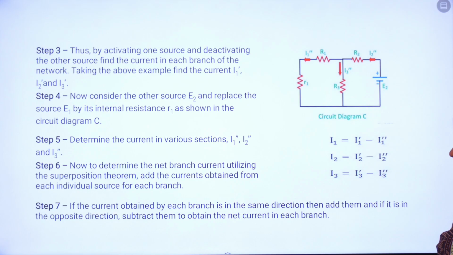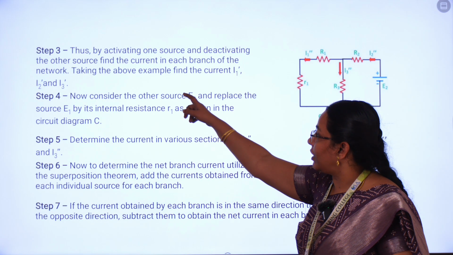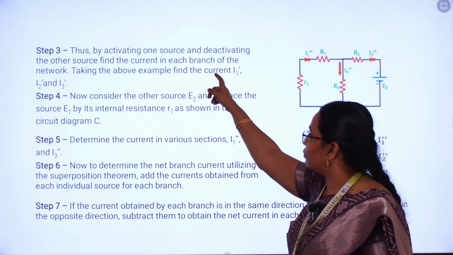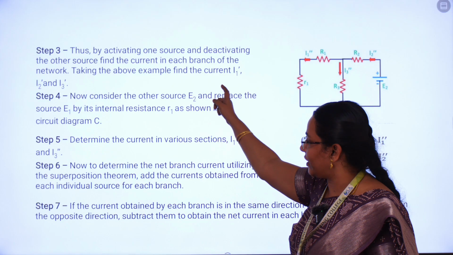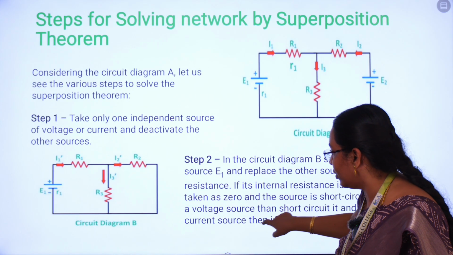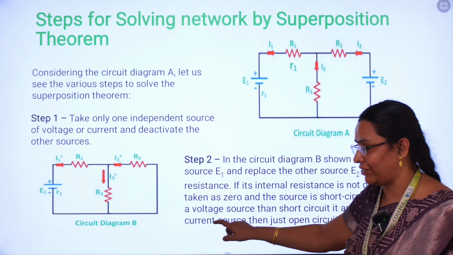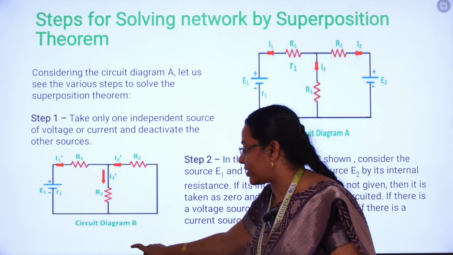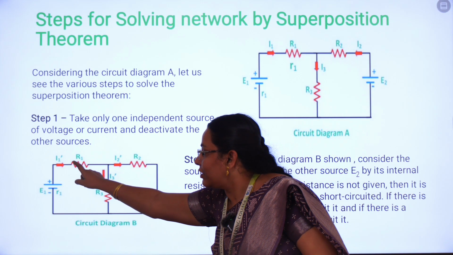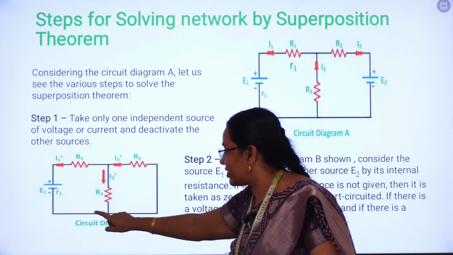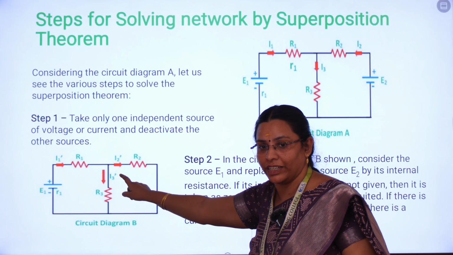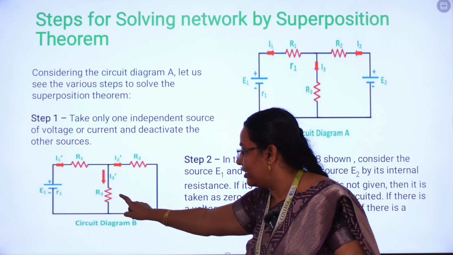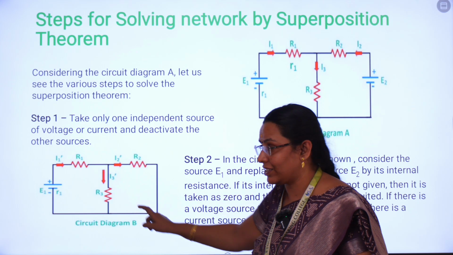And step number 3. Activating only one source and deactivating the other source, we have to mark the current direction for each and every resistance. For R1 we take I1 dash, for R2 the current direction as I2 dash, and R3 I3 dash.